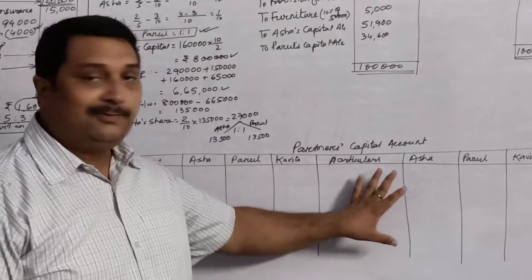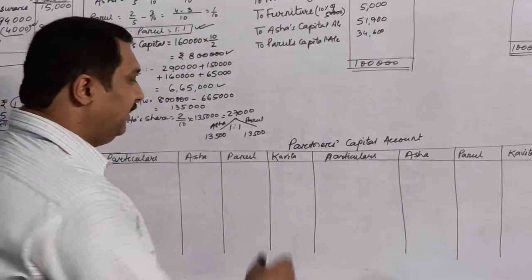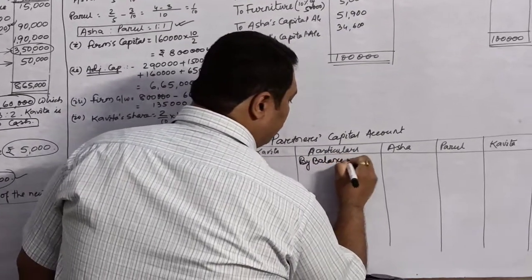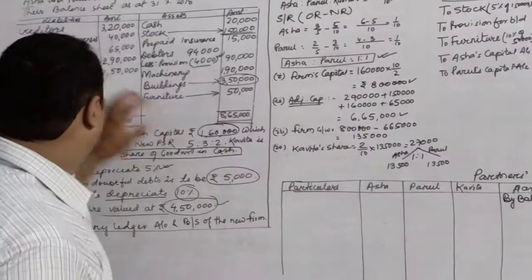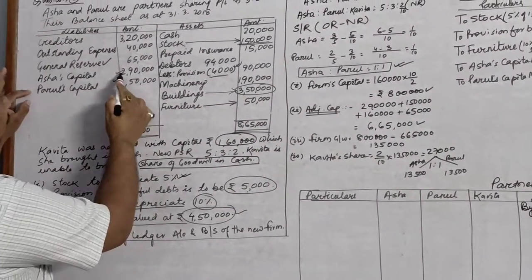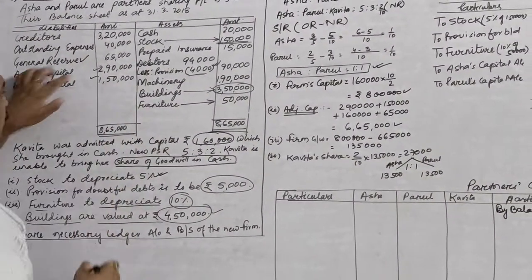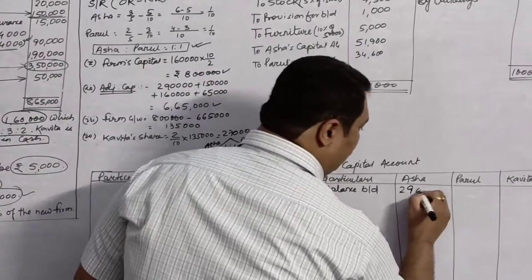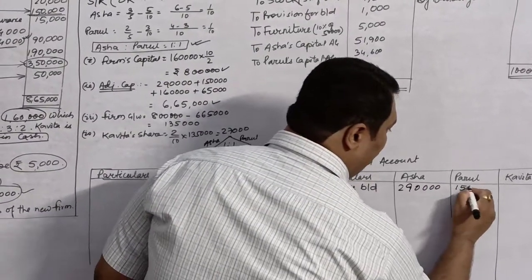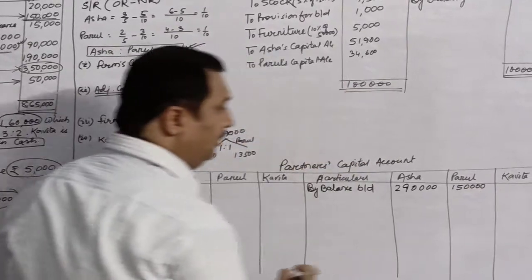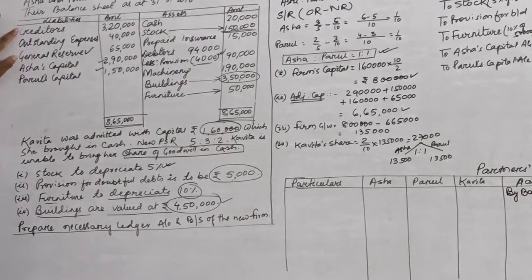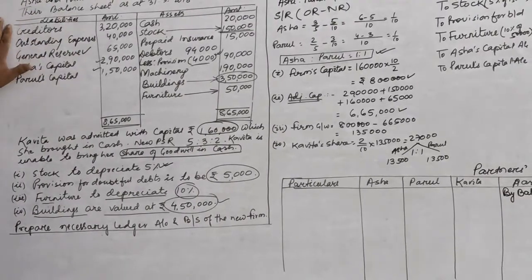Now we will prepare the partners' capital accounts and see. This is the format of the partners' capital. As you know, the very first item in partners' capital is the opening balance. So we will write by balance b/d. Now this is the old, opening capital of the two partners, 2,90,000 and 1,50,000. So I will take for Asha 2,90,000 and 1,50,000 for Parul. After this, as you can see children, the next item we will see from the balance sheet.